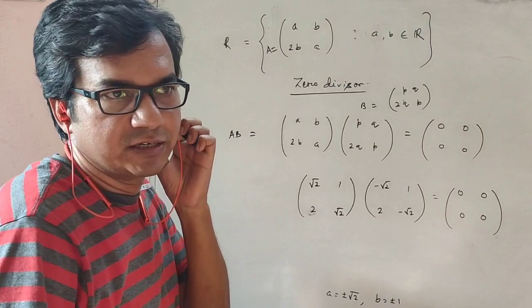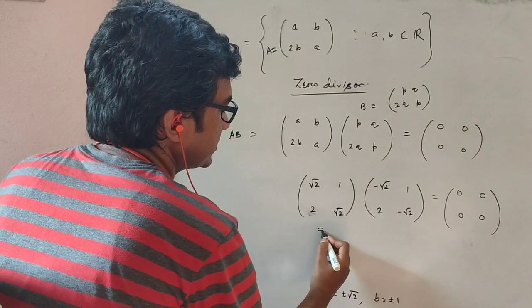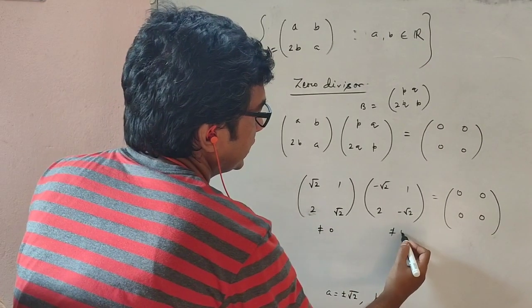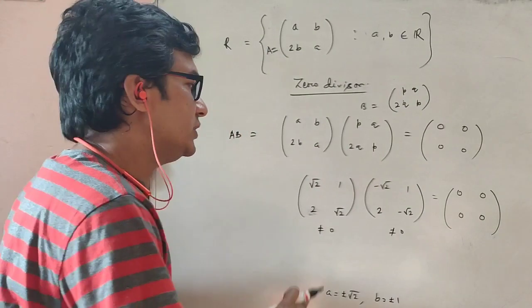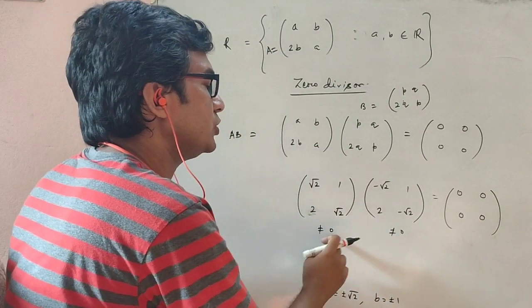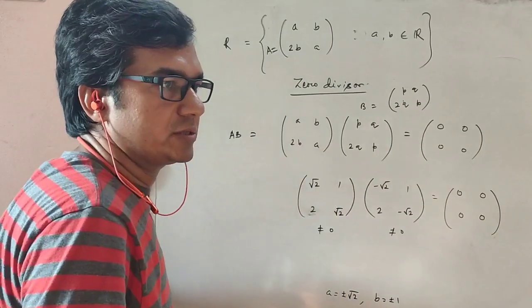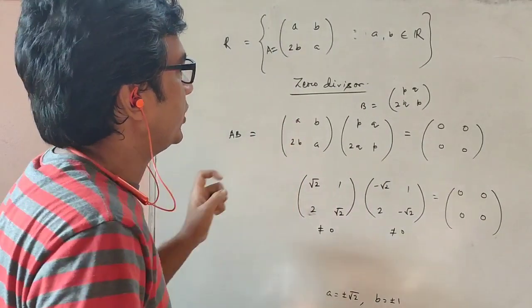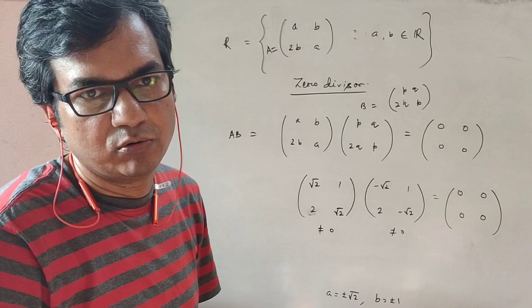So these two matrices are non-zero, and the multiplication of two non-zero matrices is a 0 matrix. So this ring also contains divisors of 0.